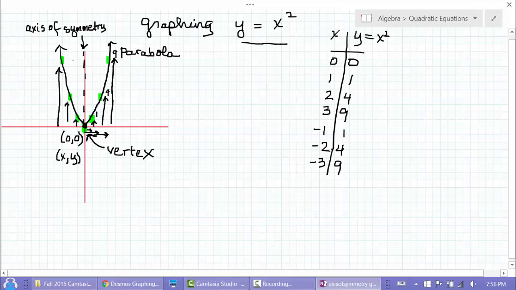The axis of symmetry will always go through the vertex, and it's always a vertical line. The equation of this axis of symmetry is x equals 0. X equals means that it's a vertical line, and 0 means that the vertex has x coordinate of 0.